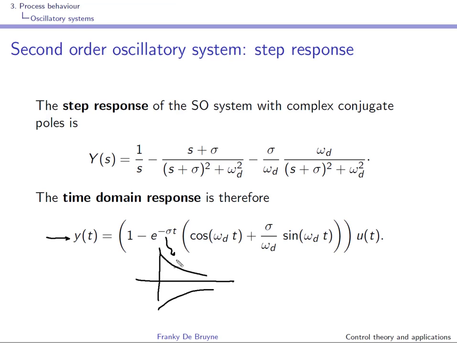This is this one over here, and then you'll have this oscillation in this envelope, and sigma here is really zeta omega n, so that's related to the real part of the poles of the transfer function, and omega d here is the damped frequency, so that's omega n times the square root of 1 minus zeta squared. So if zeta is becoming very small, then what you see here is approaching the natural frequency.